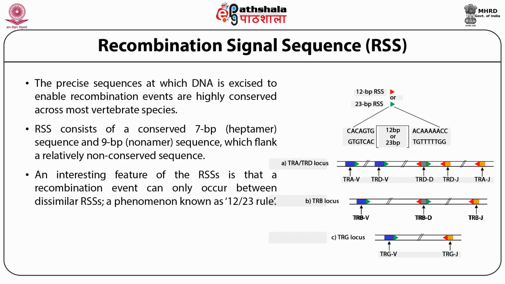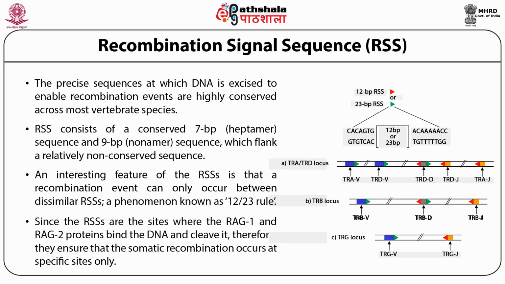Thus, a 12 base pair RSS can only recombine with a 23 base pair RSS and vice versa. Now, since the RSS are the sites where the RAG1 and RAG2 proteins bind the DNA and cleave it, they ensure that the somatic recombination occurs at specific sites only. This site-specific nature of recombination is very important as recombination at non-specific sites can lead to cancer.